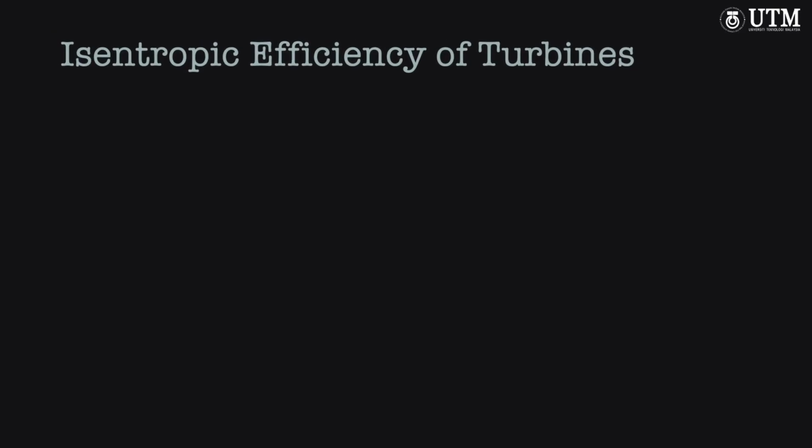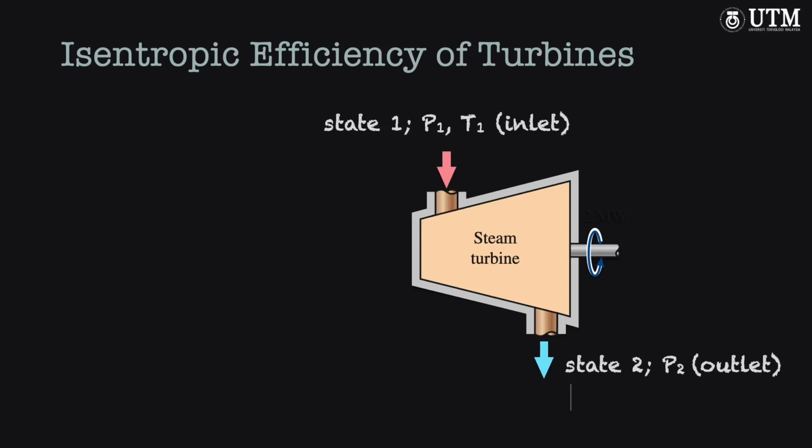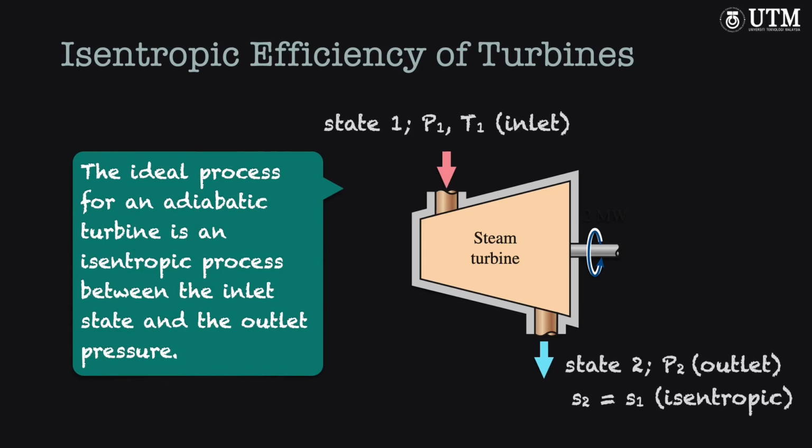For a turbine under steady operation, the working fluid's inlet state and the exhaust pressure are fixed. Therefore, an adiabatic turbine's ideal process is an isentropic process between the inlet state and the exhaust pressure. The desired output of a turbine is the work produced.